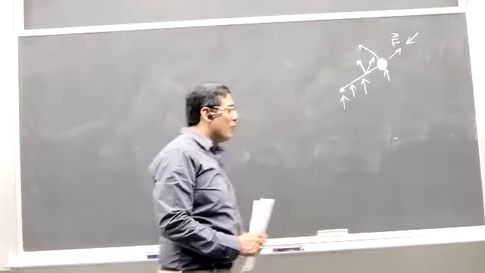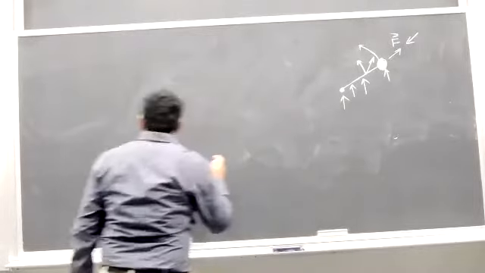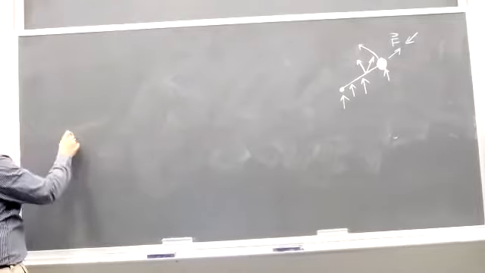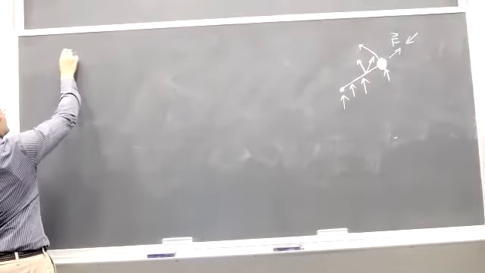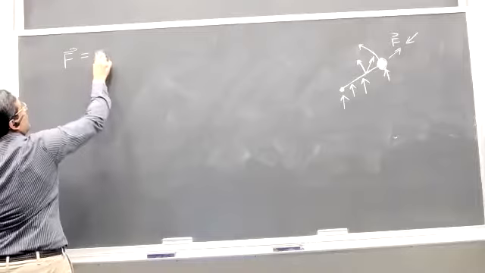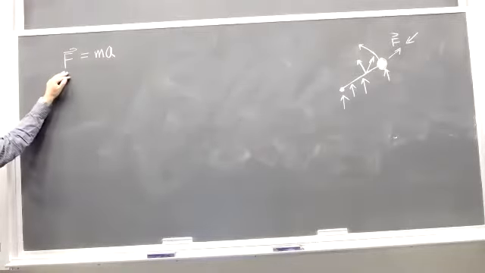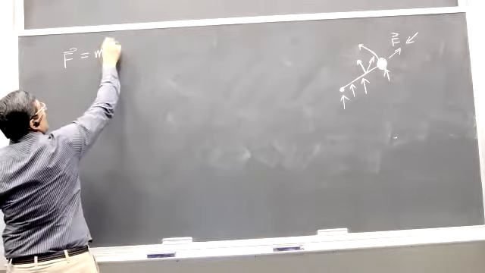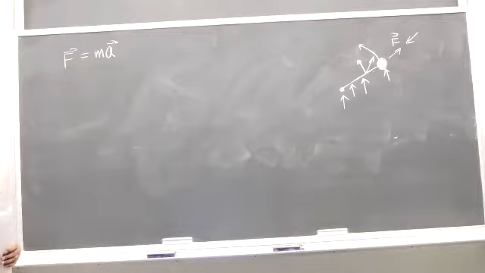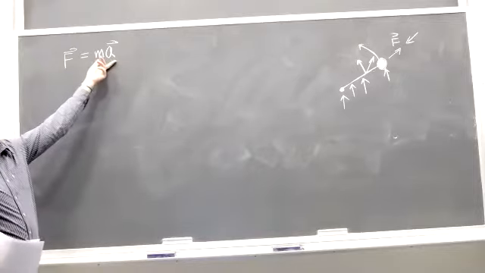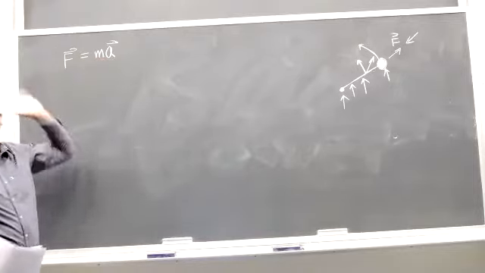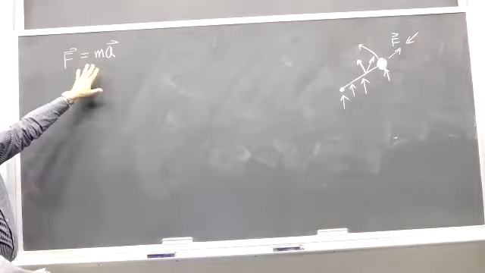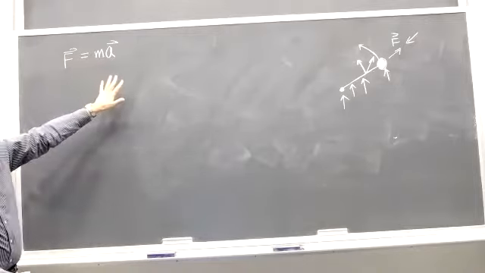Yes, sir. For example, for translational motion, you had this relationship: you apply an amount of force F on an object, and it produces an acceleration in that object scaled by the mass of that object. There was nothing more involved here. But that is not the case here, you see.